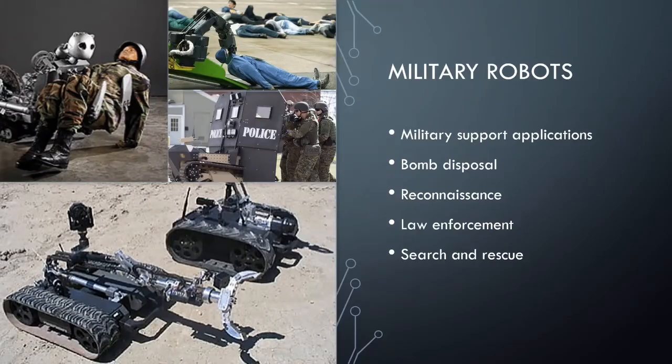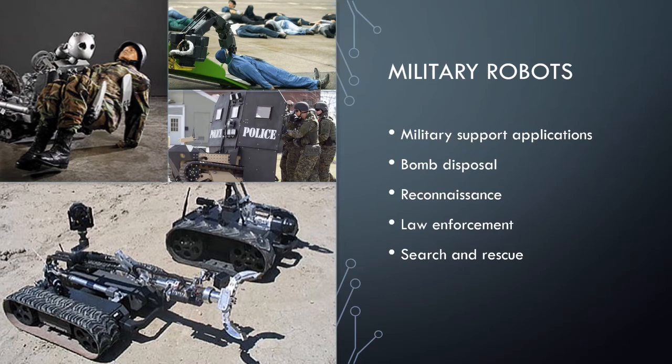The military has also been using robots for a very long time for a variety of tasks. These are really great so that we can minimize the amount of risk to humans when we're undertaking certain tasks. They're typically performing support applications. They can be used for things like bomb disposal, reconnaissance, law enforcement, and search and rescue.